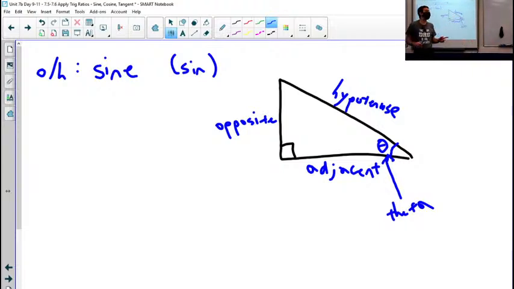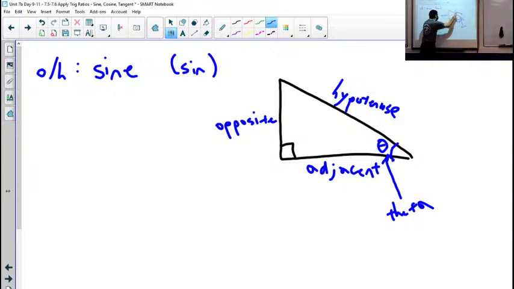You'll see it that way in your calculator as well. So that is abbreviated short for sine. It is pronounced sine and not sin. So comparing this pair of sides is talking about the sine of the angle.